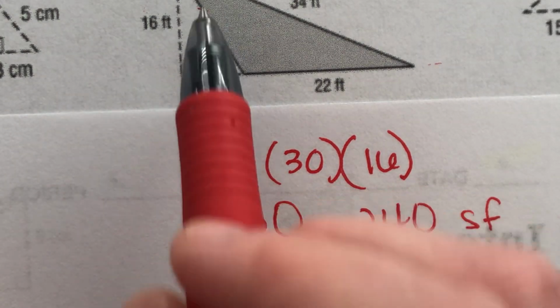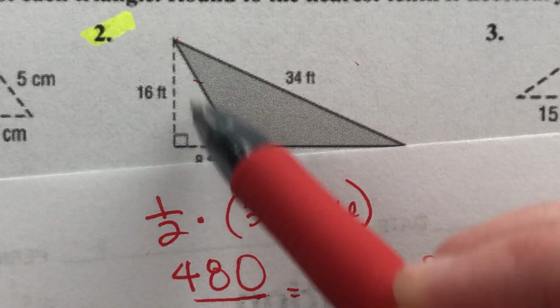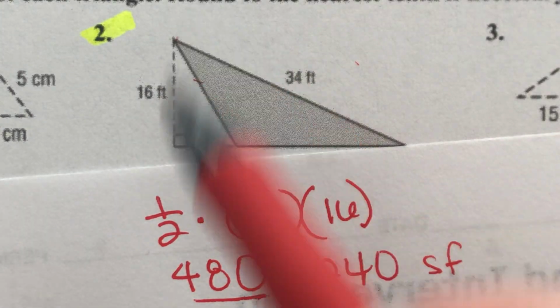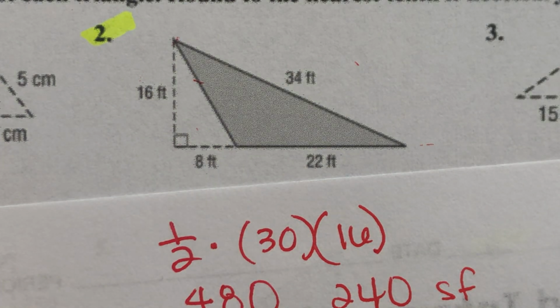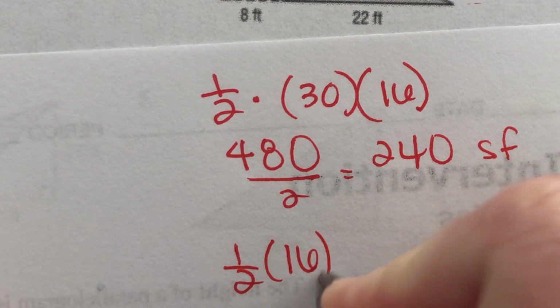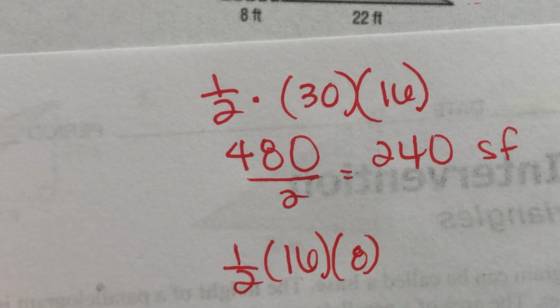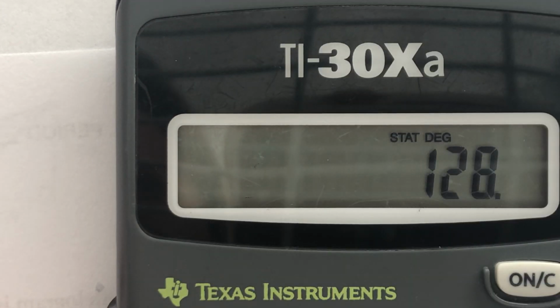Okay, and then we want to subtract just this little guy we don't really need, this triangle guide. So the area of this guy is 16 times 8 divided by 2. So 1/2 times 16 times 8. 16 times 8 equals 128, divided by 2 equals 64.